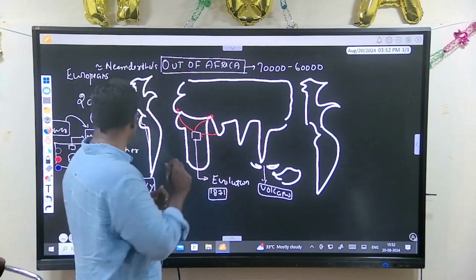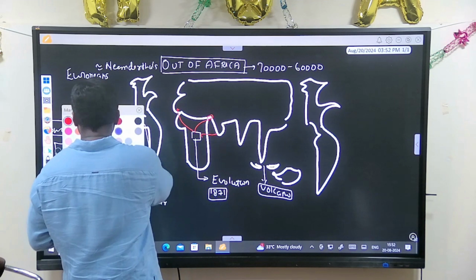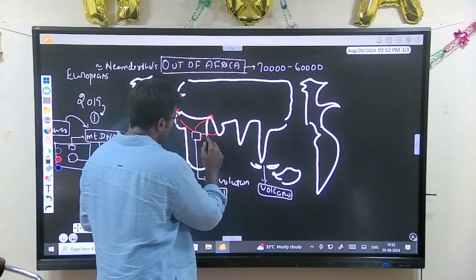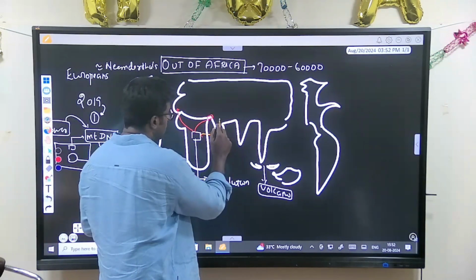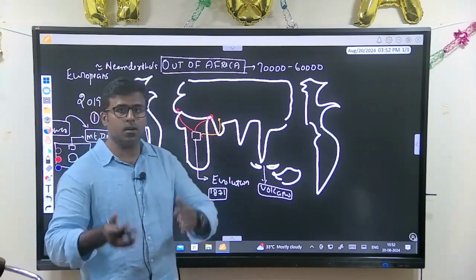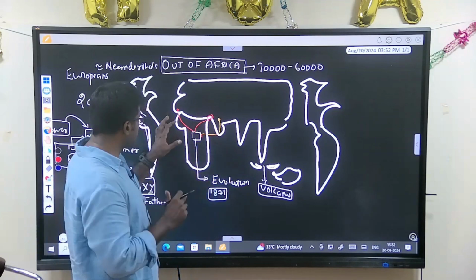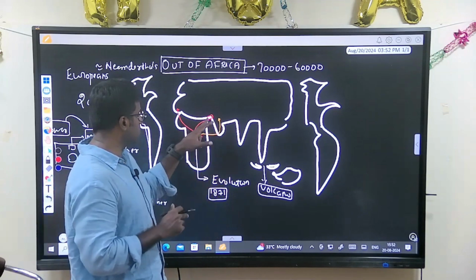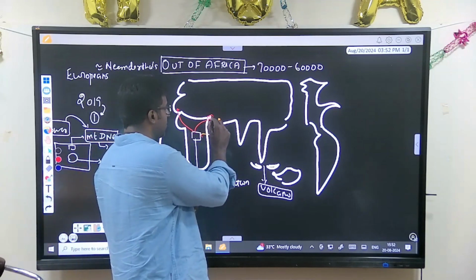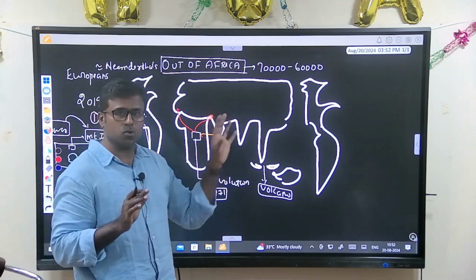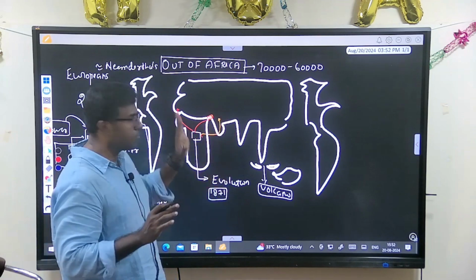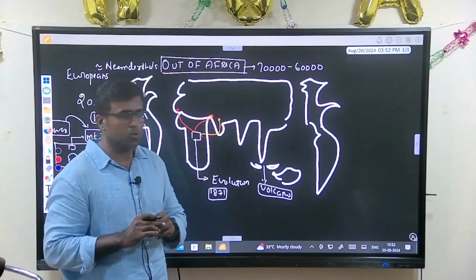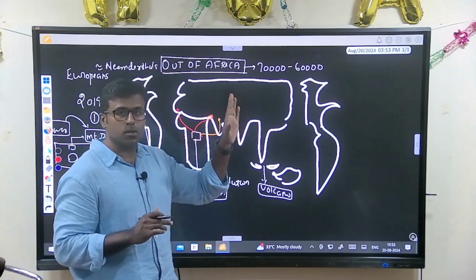What scientists say is that the migration happened this way, and humans went through this route. These other two routes they have not taken into consideration, or they say that route was completely covered with a lot of issues, so they did not move through that. In the same way, they did not go through the Gibraltar route either.